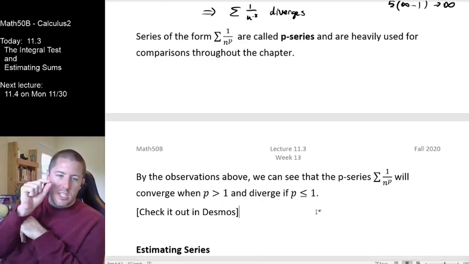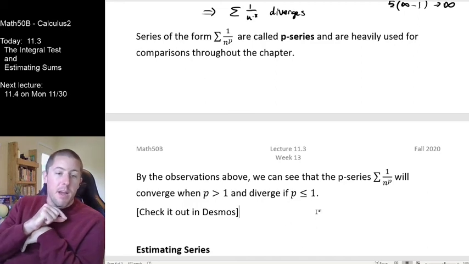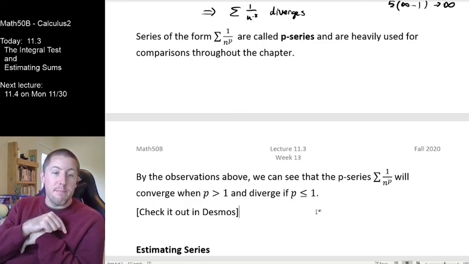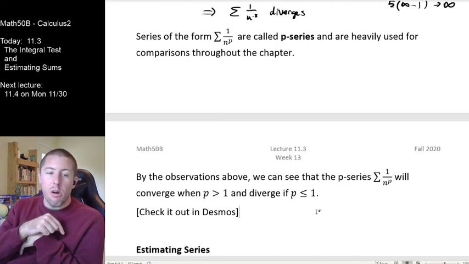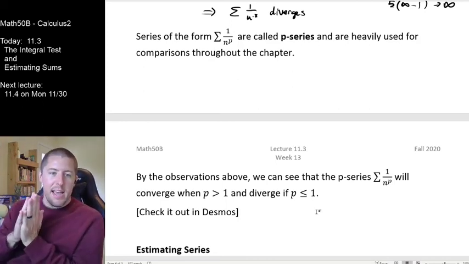When things get just slightly smaller than that, they end up converging. If p is 0.99, then we diverge. If p is 1.01, then we converge. I said that backwards at first.